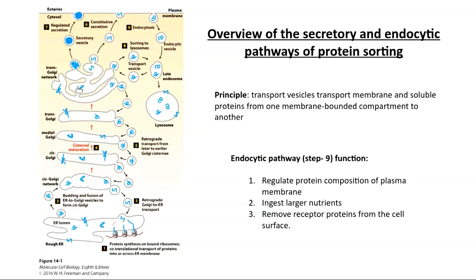Okay, now from here it has two options. What is the sixth? Yes, it can either go to the constitutive secretion process, or it can go through the regulated secretion process.